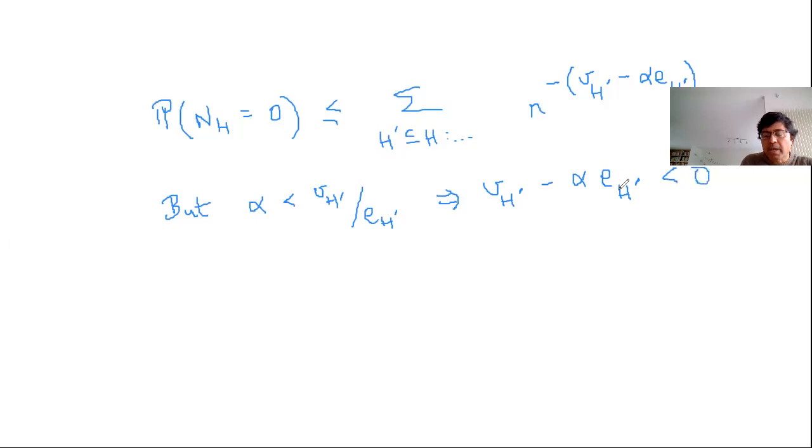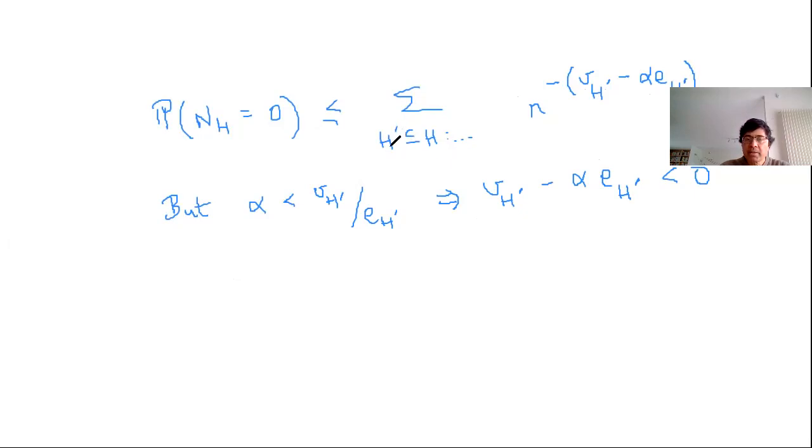And that's because EH' is at least 1. They are not both 0. We are only looking at subgraphs containing at least one edge. Okay, so we have something strictly negative in the exponent. So n to the minus this thing is going to 0. So for each fixed subgraph H prime of H, this term is going to 0 as n goes to infinity. We have a sum.